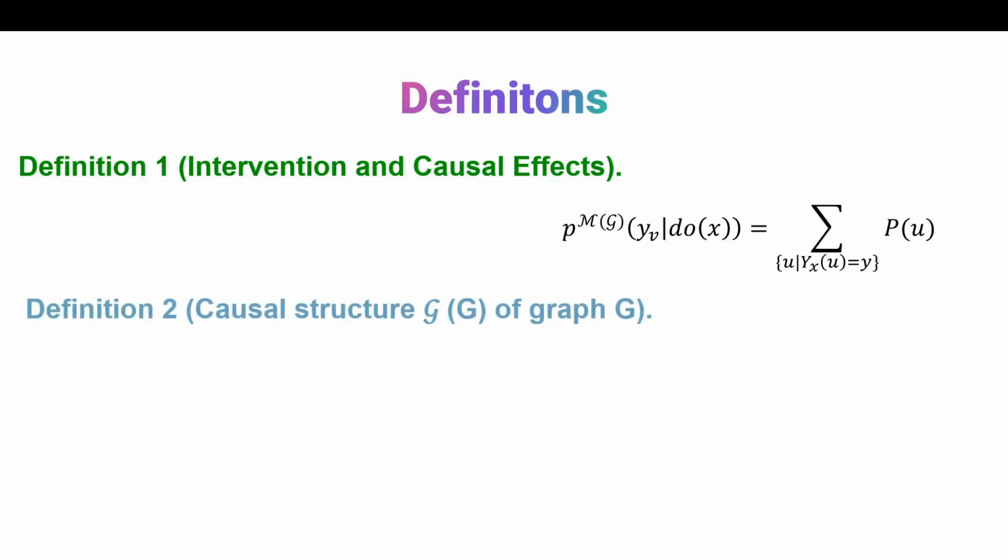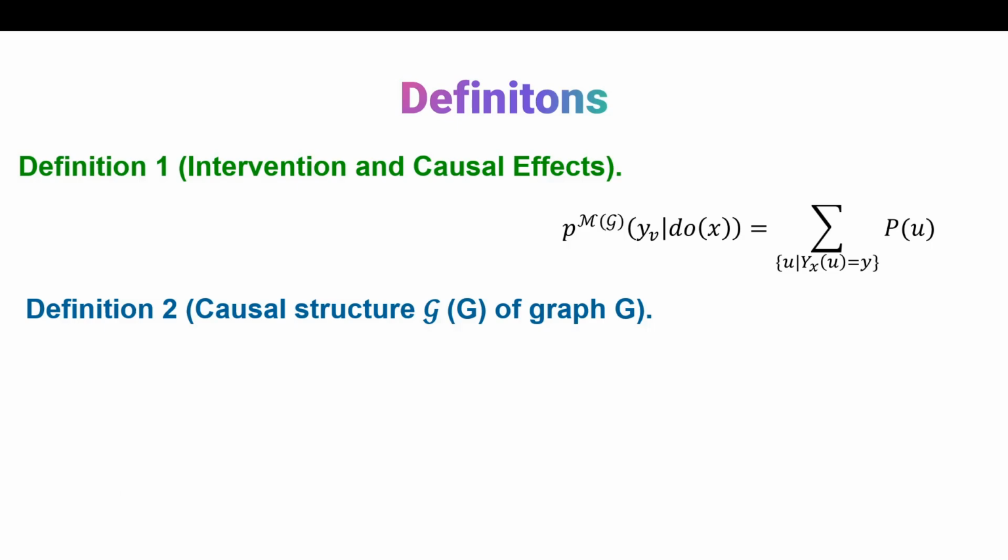The first one is the meaning of intervention and causal effect. You can see that the probability of a change in the node label, which is information, given the intervention on the nodes that we define the causal structure based on, we call the intervention and causal effect. Then there is the causal structure G that I defined previously.